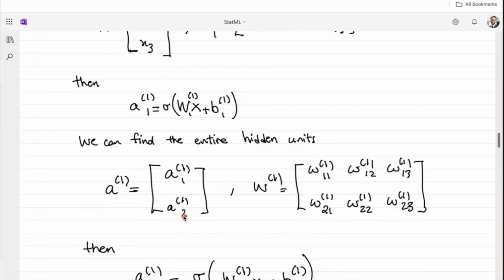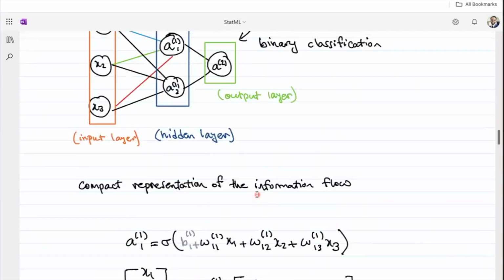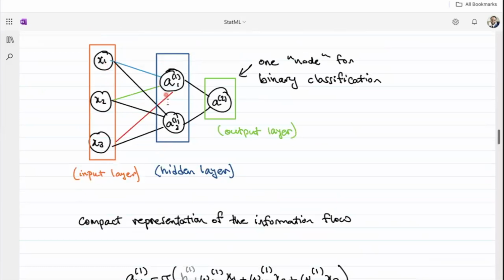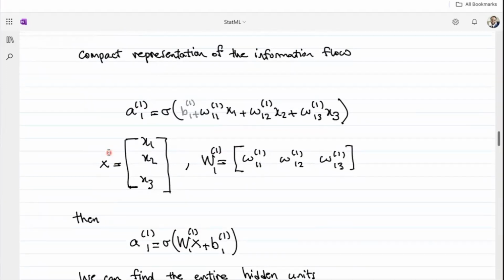So here you can have as many elements as you want, depending on the number of nodes that you have in that hidden layer. And then this weight matrix is what really takes you from this input layer to the hidden layer. And given the way that we do the indexing here, the size of this matrix going from input layer to hidden layer is the number of nodes in the destination layer, which is 2, times the number of nodes in the input layer, which is 3.